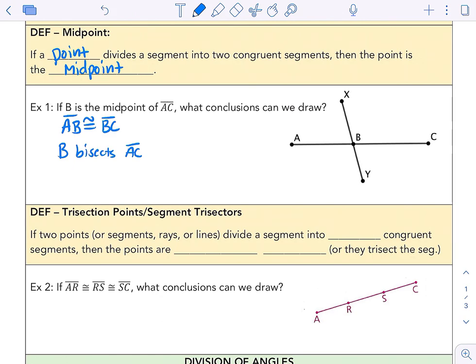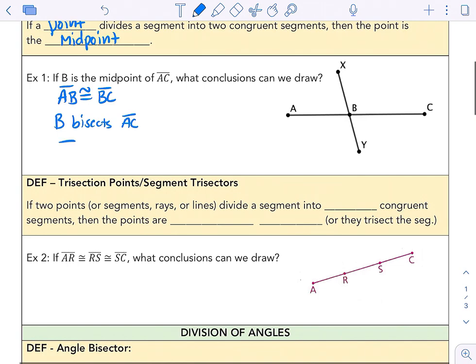That is also an appropriate conclusion if B is the midpoint. And then also, looking here, the points X, Y are along a segment that contains B. So the segment XY containing B also passes through that midpoint. So that means XY bisects AC.